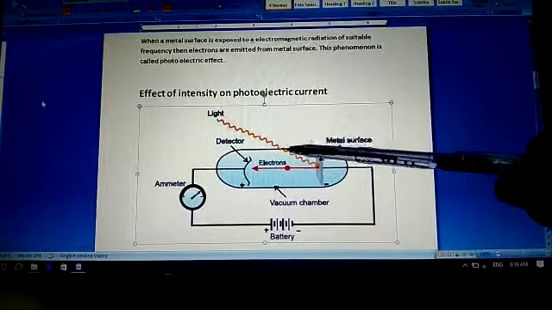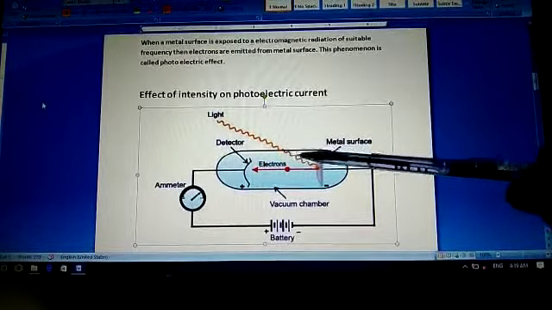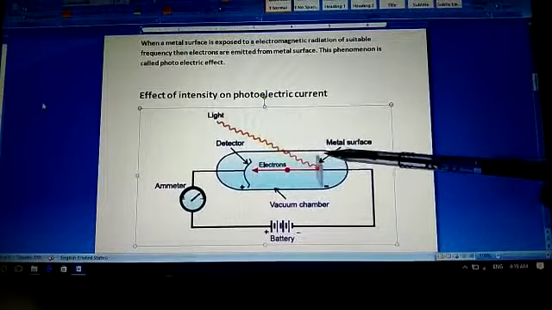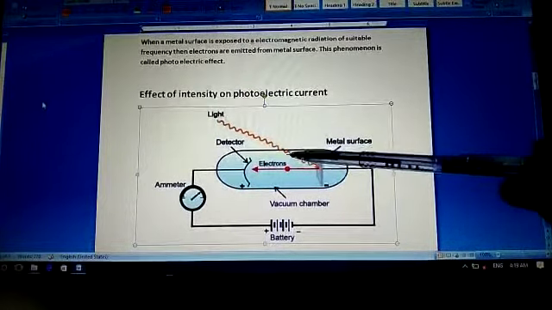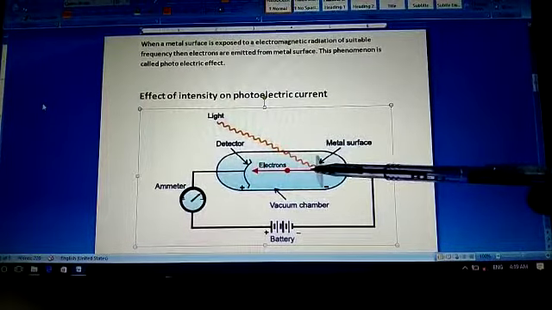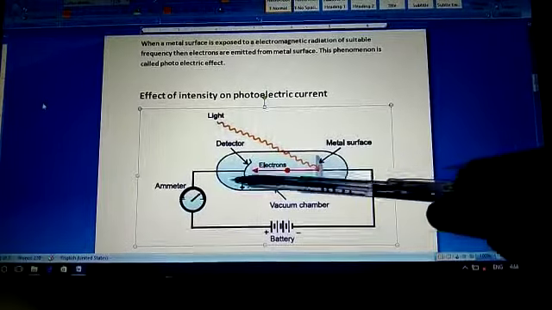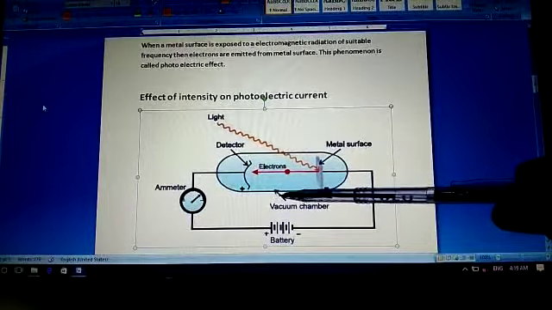By intensity we mean that we make the light brighter. Clear? We do not use dim light, we make it brighter and brighter. When we increase the intensity of the light, more and more photoelectrons are emitted. Obviously when the number of photoelectrons increases, the current flowing inside the circuit also increases.